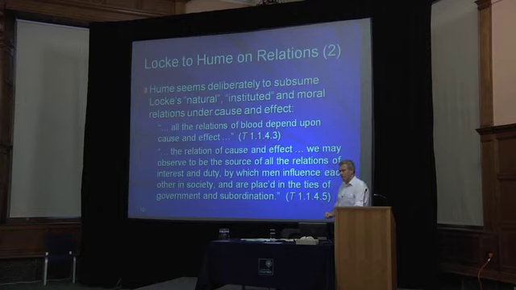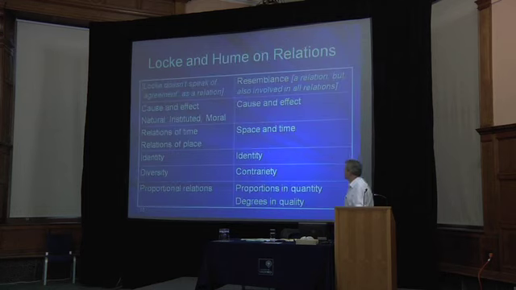So it seems to me that what Hume is doing, he's saying, look, Locke gave this huge categorization. First of all, I'm going to treat all kinds of resemblance as just resemblance. And secondly, the blood relations, instituted relations, moral relations, they're all going to count as causation. Now, if I'm right about that, then we get this correspondence between Locke's theory of relations and Hume's.